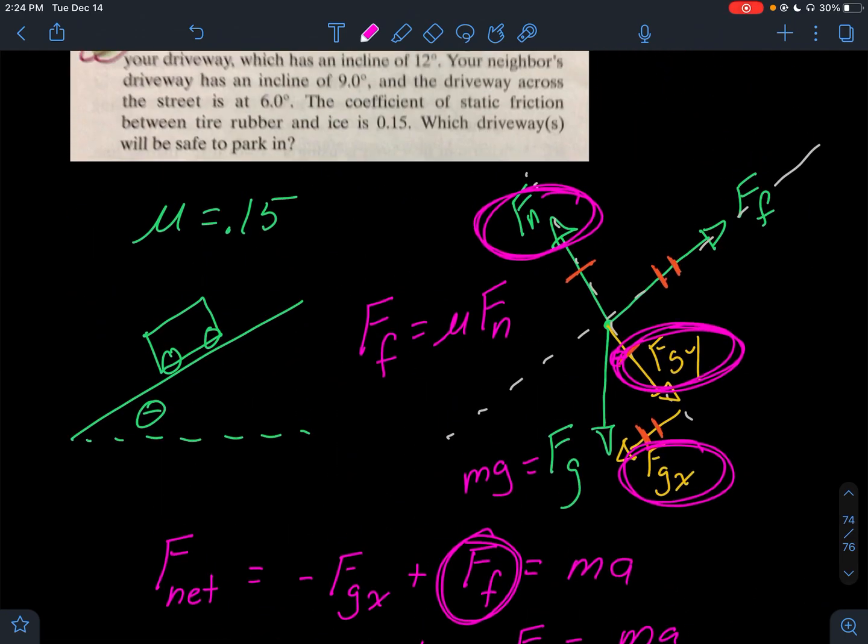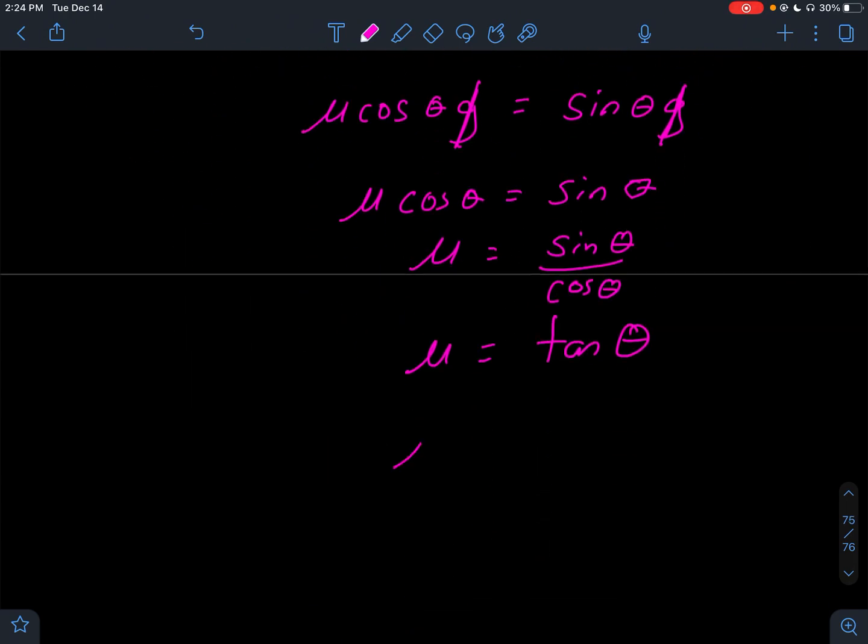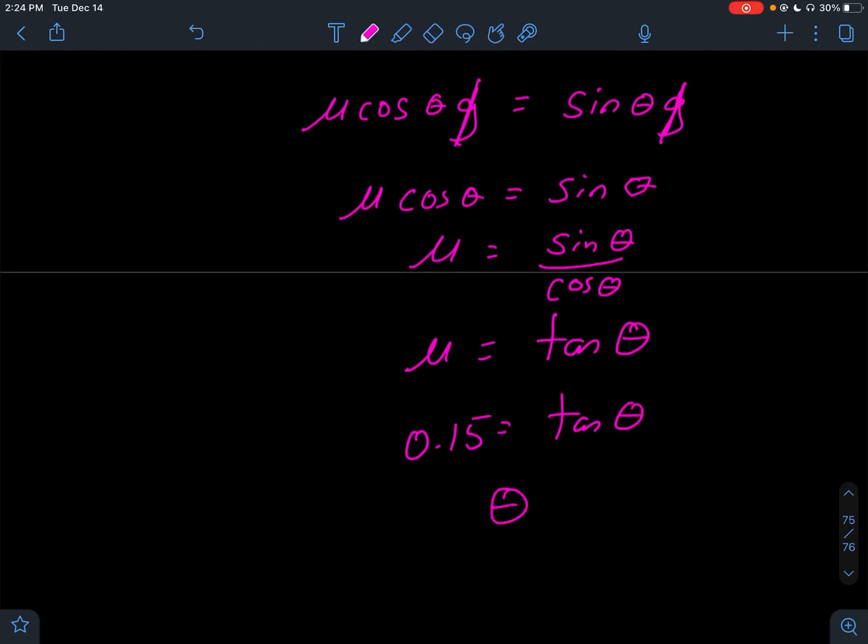I have my mu value from the beginning. Plug that into a calculator, and I get an angle of 8.5 degrees. So that's the boundary.